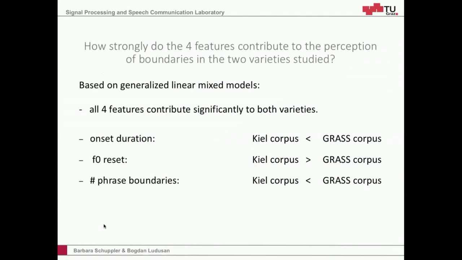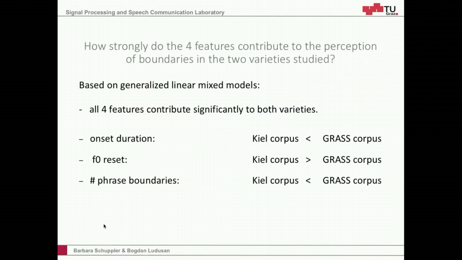For instance, onset duration had a lower contribution to whether there was a boundary perceived after a syllable or not in the Kiel corpus than in the Graz corpus. So for the Austrian data, onset duration, which is a rhythmical, durational feature, has a larger importance than in the German data.